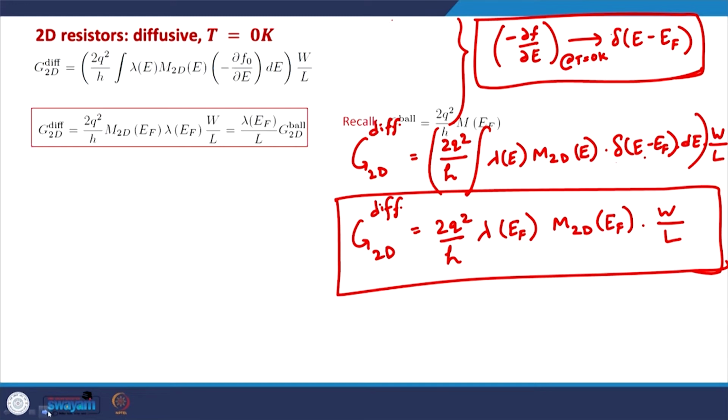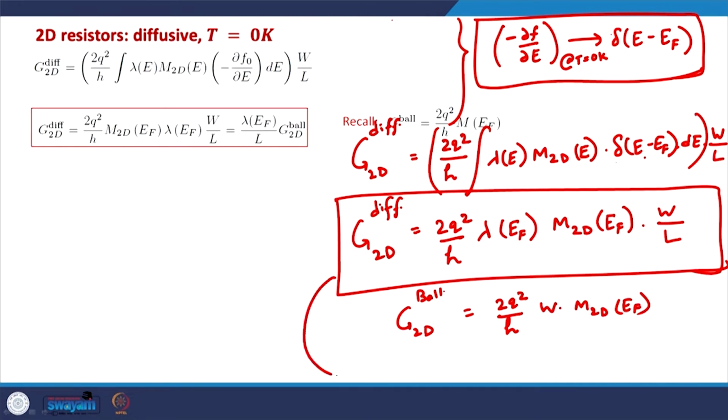And if we try to write it down in terms of ballistic transport, the ballistic conductance is given as 2q square by h, at 0 Kelvin, m 2D EF. This is the ballistic conductance.